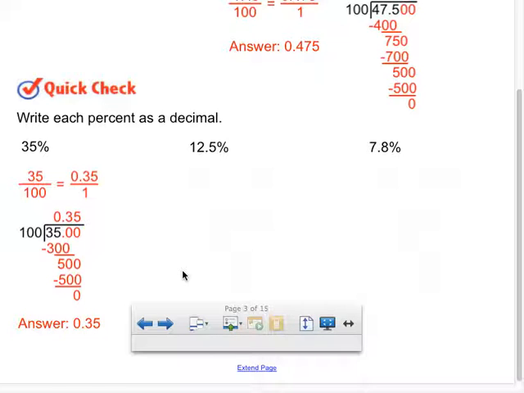Okay, what did you get for the next one? 125,000. Right, thousands. So here it is, very good. So I take my percent per 100, 12 5/10 per 100, here it is. Now, I'm dividing by 100 again. That's what a fraction is. I got 2 zeros, I'm going to move it 2 places to the left.